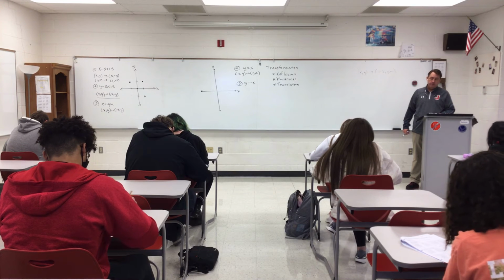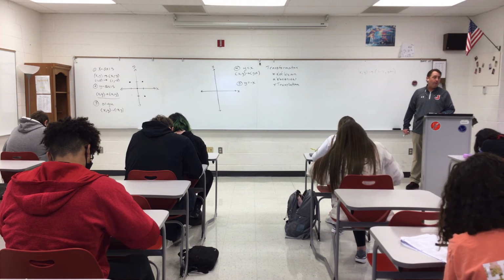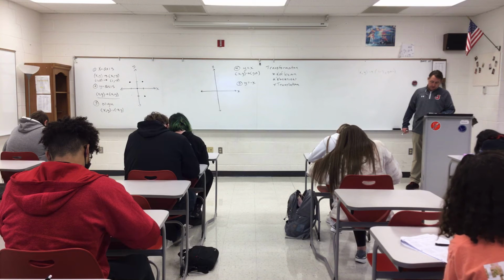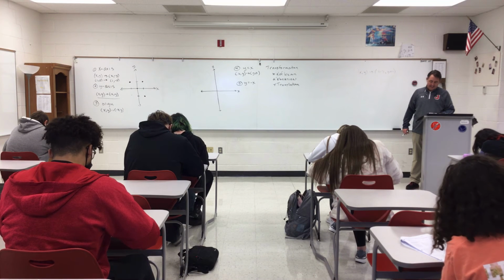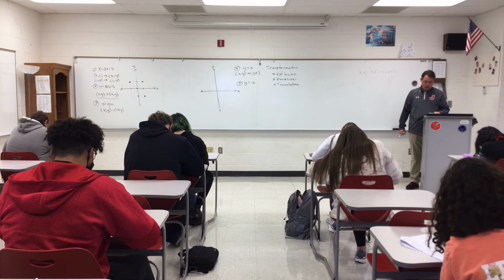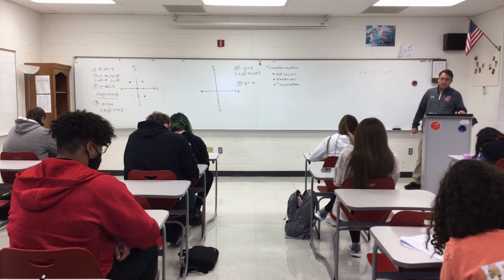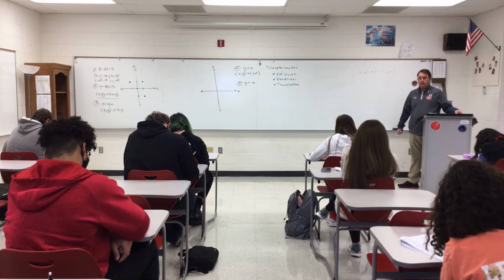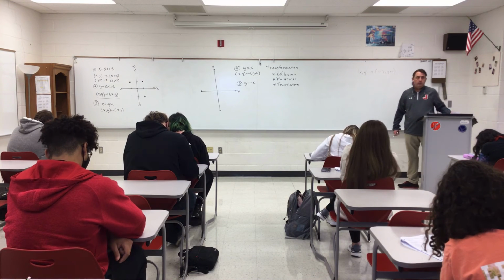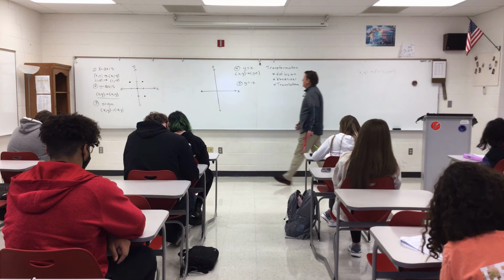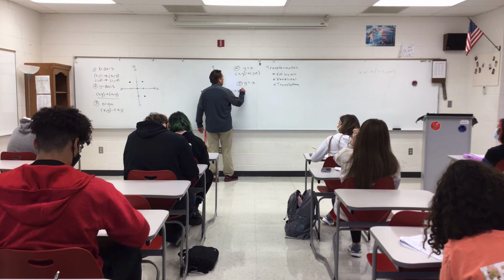Negative 1, negative 4, isn't it? M is negative 3, negative 2. M prime is, let me make sure I said that right, 2, 3, yep. So this time, not only do they change places, they also do what? Change signs.